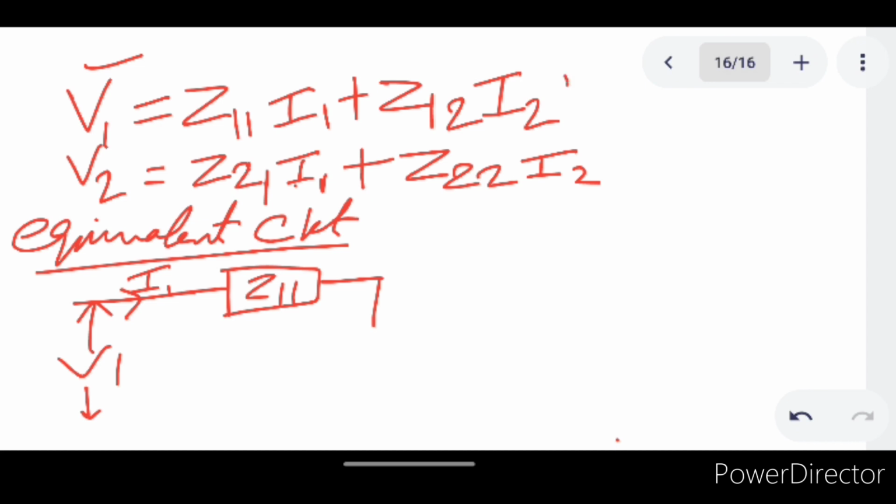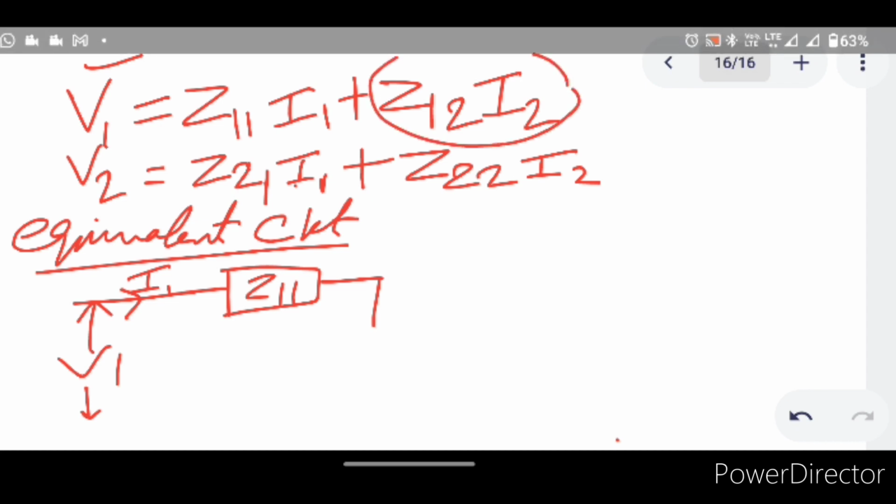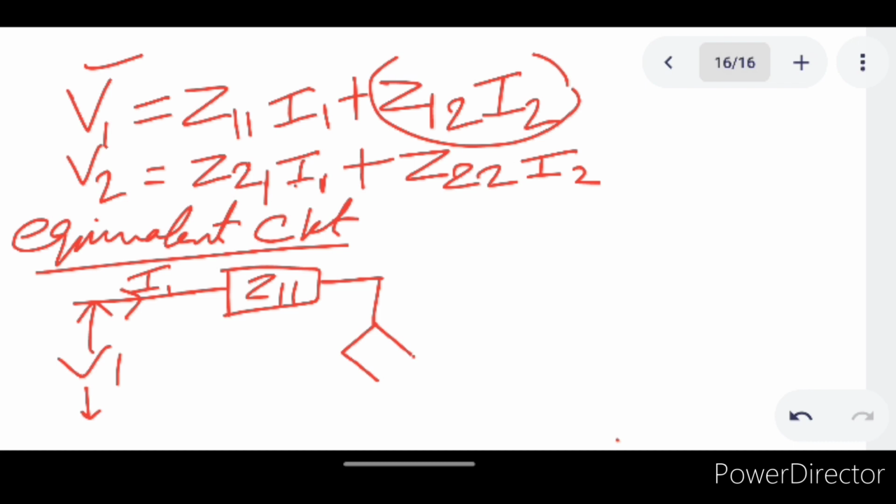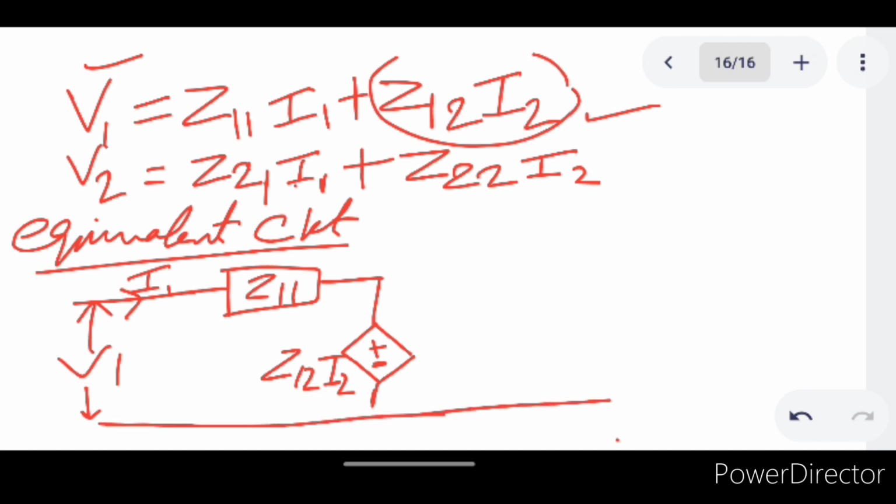Now this V1 is also depending on Z12 I2. Therefore let us take this one, Z12 I2. As this is a product giving a voltage, we will consider it as a voltage source. Now coming to the second equation, this is your V2.